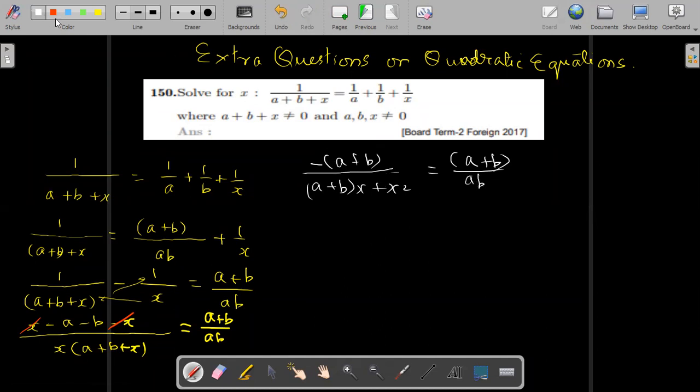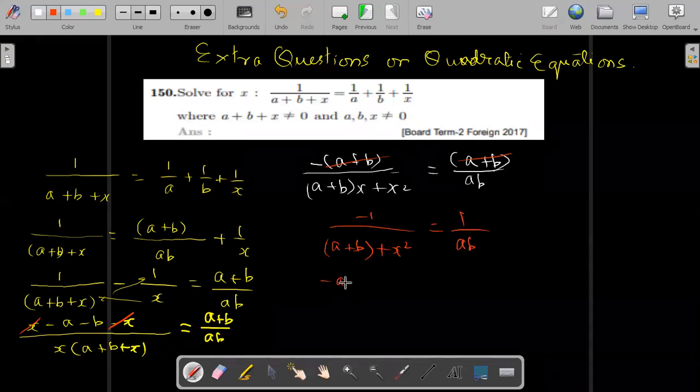Now this a plus b we can cancel. This a plus b will come here and it will cancel with this a plus b and it will become minus 1. So minus 1 upon a plus b x plus x square is equal to 1 upon ab. Now cross multiply, it will become minus ab and this will multiply here.